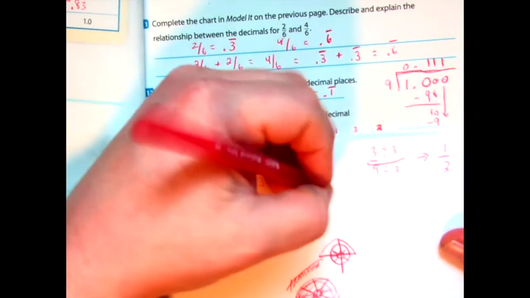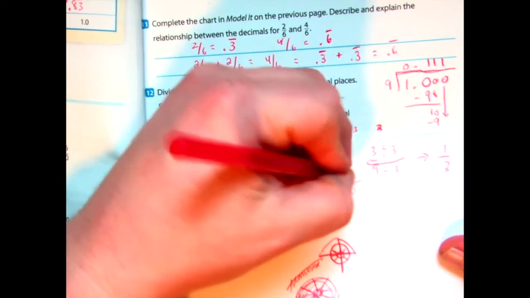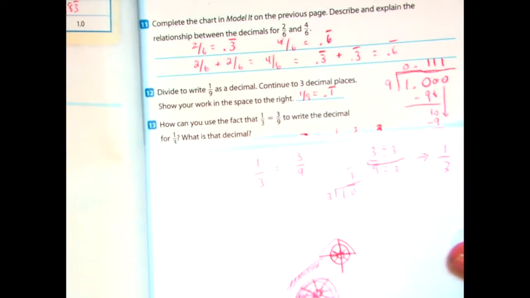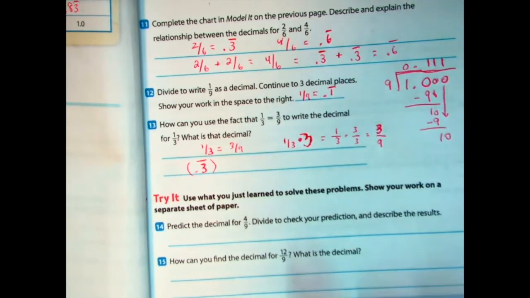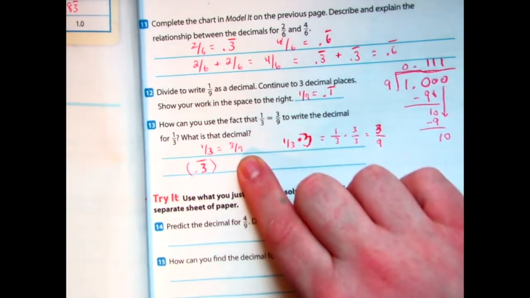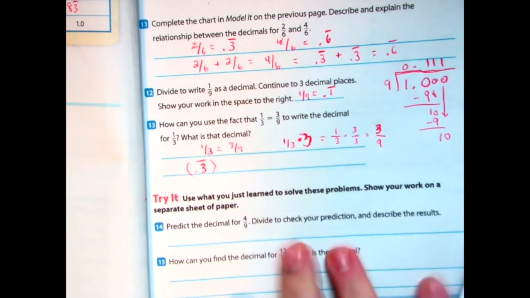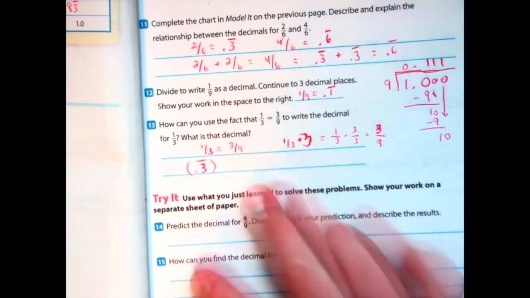I know from previous lessons that 1 divided by 3 is equal to 0.3 repeating. So basically, this is just a multiple of 1/3, which would still produce the same answer. Don't believe me? Look at this.